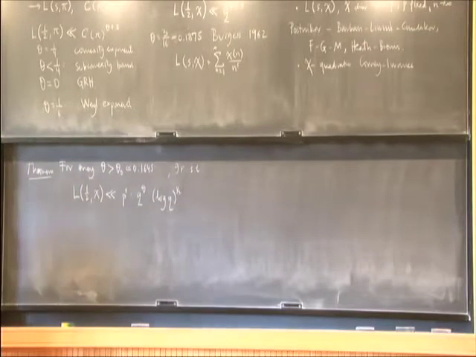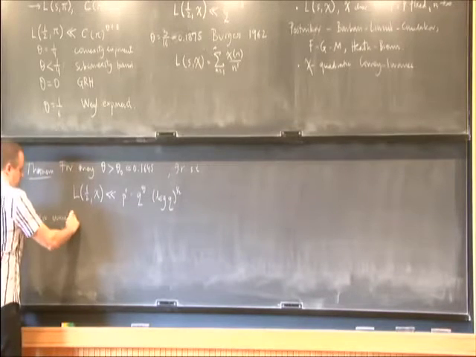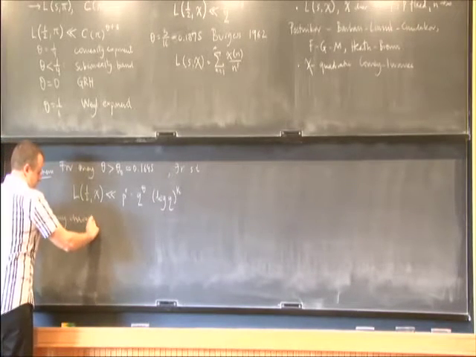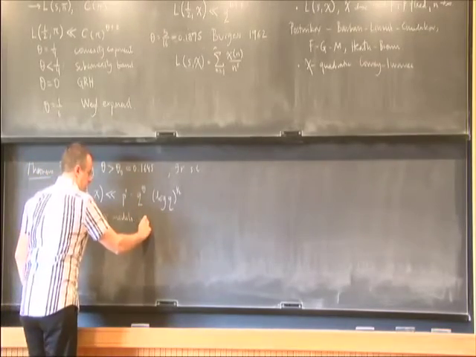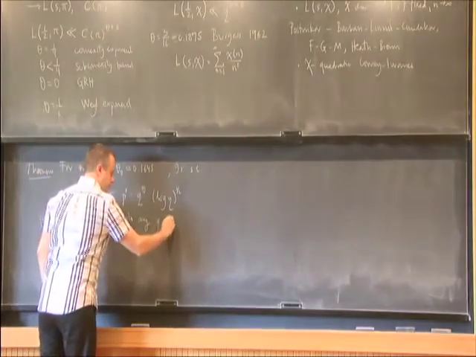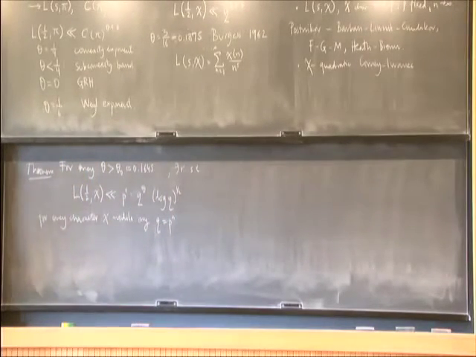And this holds true uniformly for every character chi modulo any prime power q. So q is p^n.